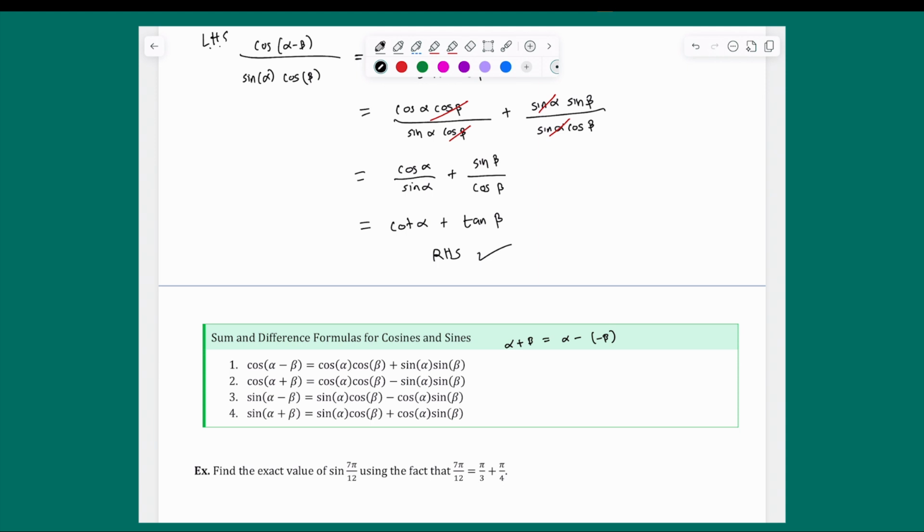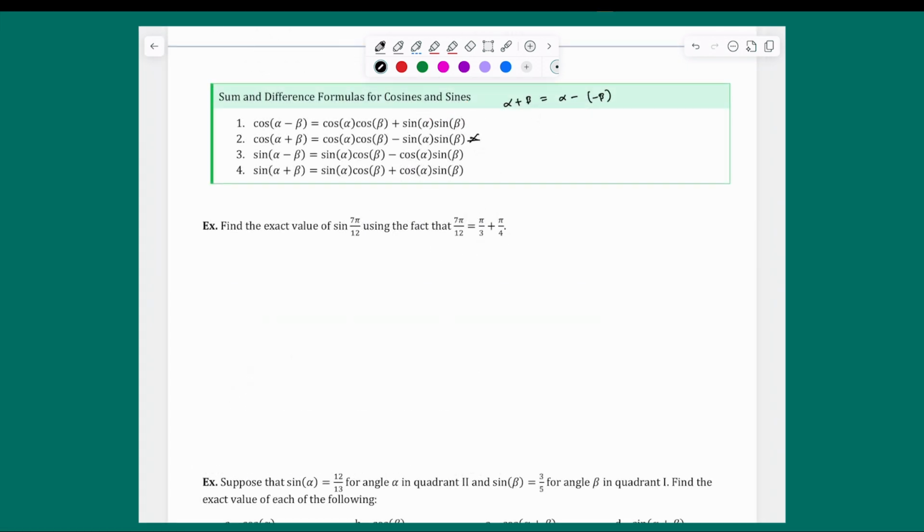Then you could use the fact that cosine is an even function and sine is an odd function to get this one here. And you could use the cofunction identities to help derive the sine ones, 3 and 4. But I'll leave that as an exercise for you guys.